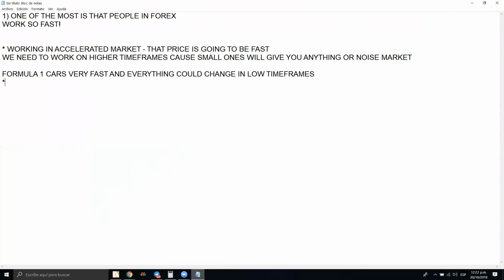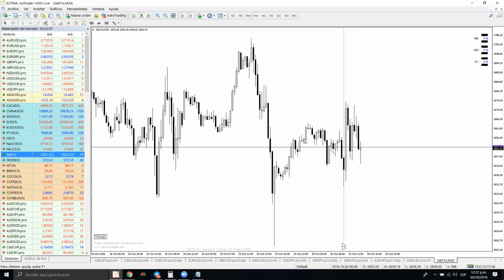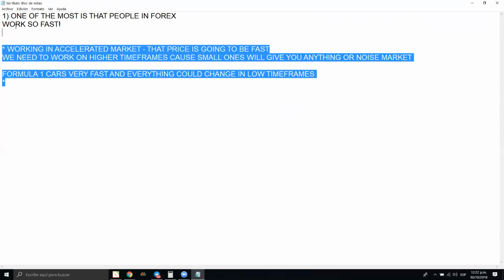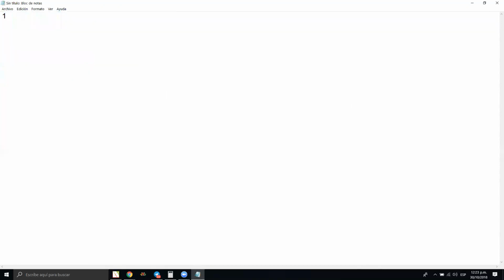Okay. So I'm going to explain after this. This is the price structure. Okay. So we need to work on higher time frames to reduce market noise. Okay. Second, price structure.